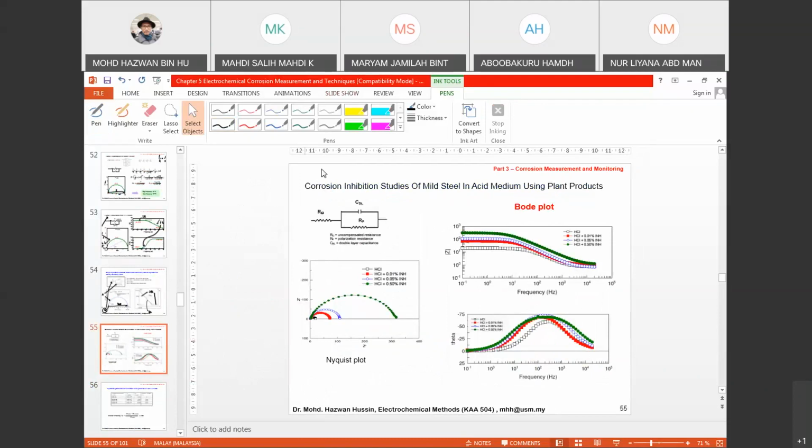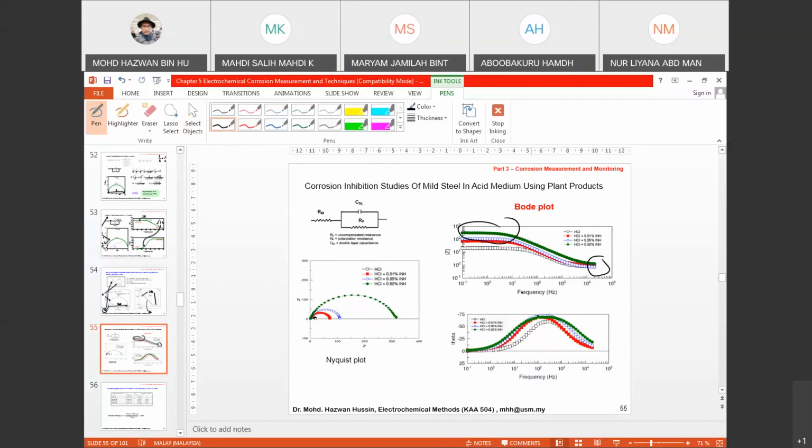All right. So here we are going to look at one example. It is taken from a journal, Corrosion Inhibition Studies of Mild Steel in Acid Medium using plant products as inhibitors. So from the Bode plot, you can see it clearly. It has two flat lines, one over here, and another one over here.